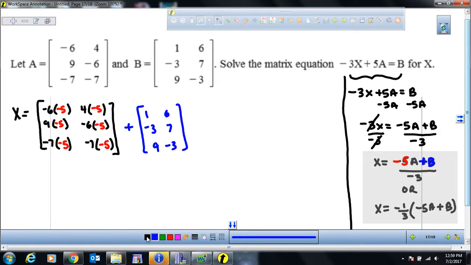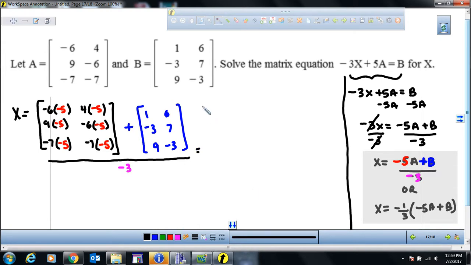And last, we are going to either multiply all the values by negative 1/3, or you can say divide all the values by negative 3. Okay. So let's follow with the rest of the operation.